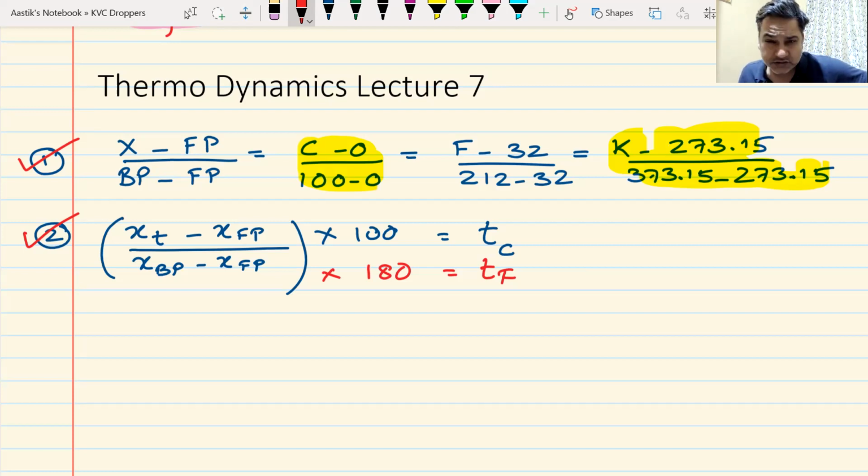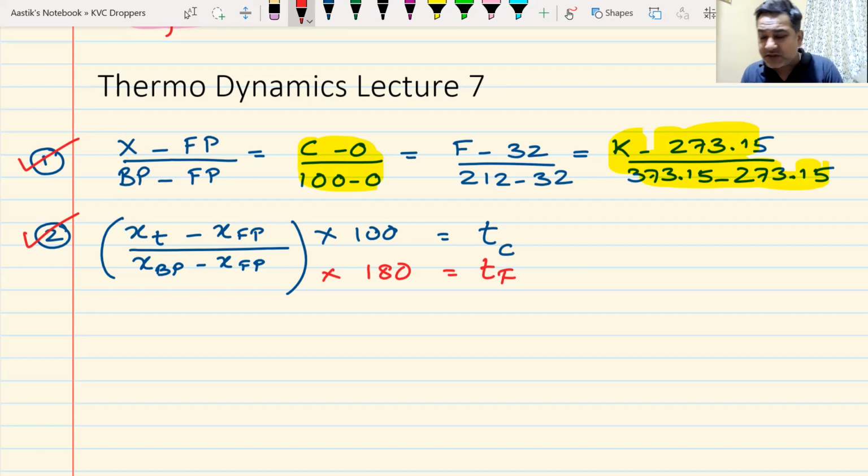We have used the thermometric property, the property of volume of a liquid. We have seen that the volume of a liquid increases when the temperature increases. Yes or no? Yes. And that is what is known as thermal expansion.